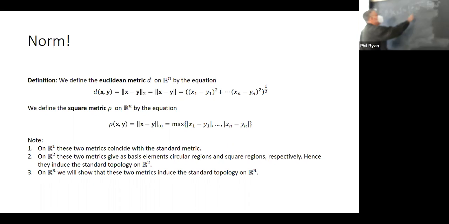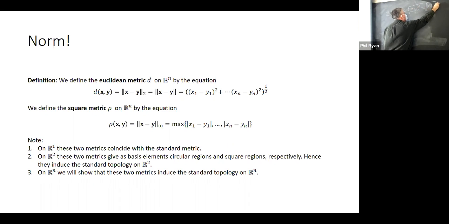For the Holder inequality, you replace that by P, and this by Q, such that 1/P plus 1/Q equals 1. And that's the Holder inequality. And so the proof is similar. But since we're not doing analysis, we'll leave that alone.